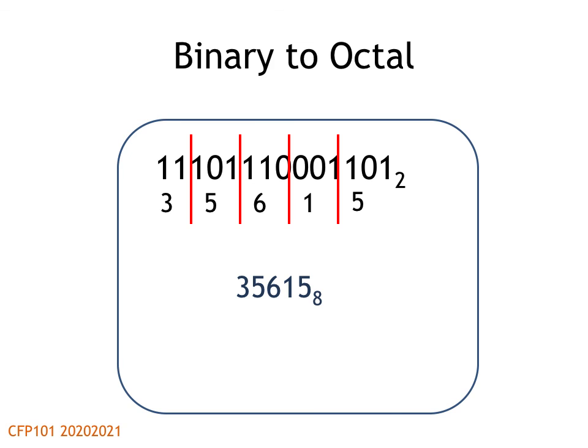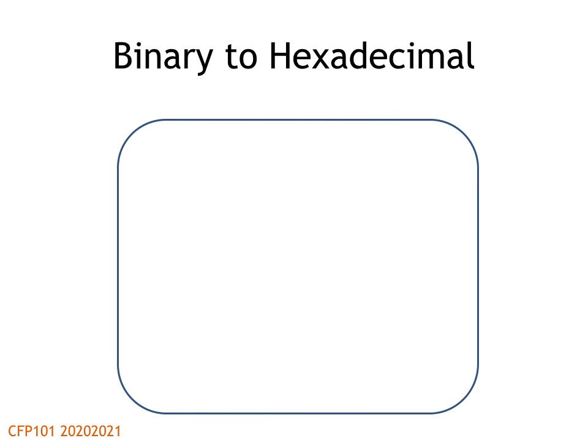Write it down as 35615 in base 8. Now, we use a similar process to converting from binary to hexadecimal, this time taking note of 4 bits at a time. So let's say we have this number, 111 0111 000 1101, which is actually the same number from the previous slide. Now, let's divide it into 4 bits starting from the right.